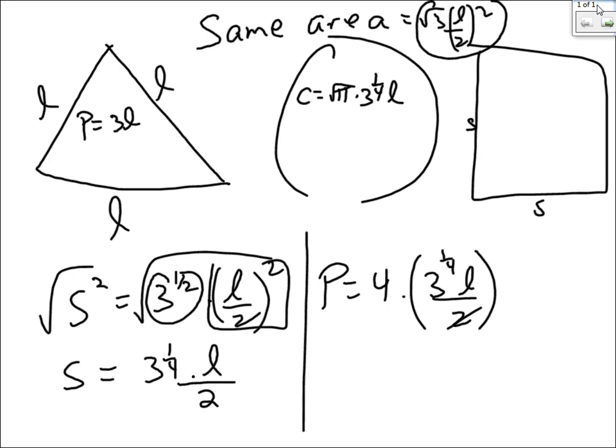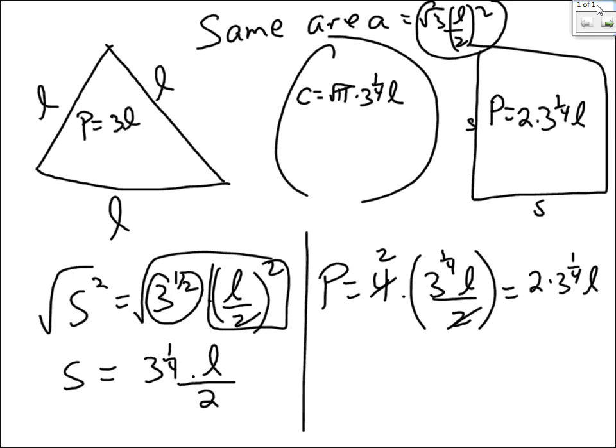The big thing is the 2 is going to go into the 4 two times. So you get 2 times 3 to the 1/4 L. The perimeter is going to be 2 times 3 to the 1/4 times L.